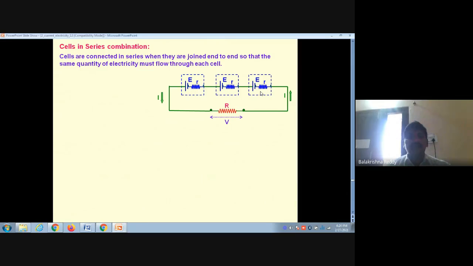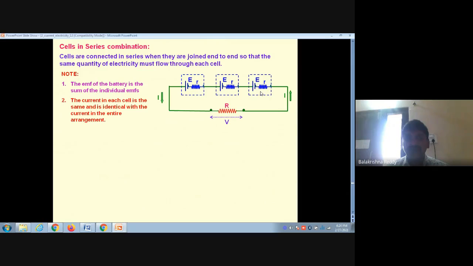Now, here the cells are connected in series, one after the other. I have connected one external resistance with the voltmeter. Here, in the series combination, the EMF of the battery is the sum of the individual EMFs. Now, the current in each cell is constant.